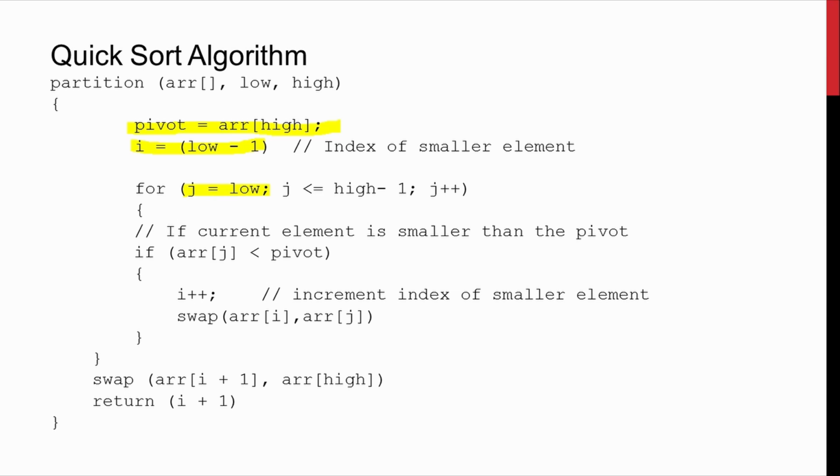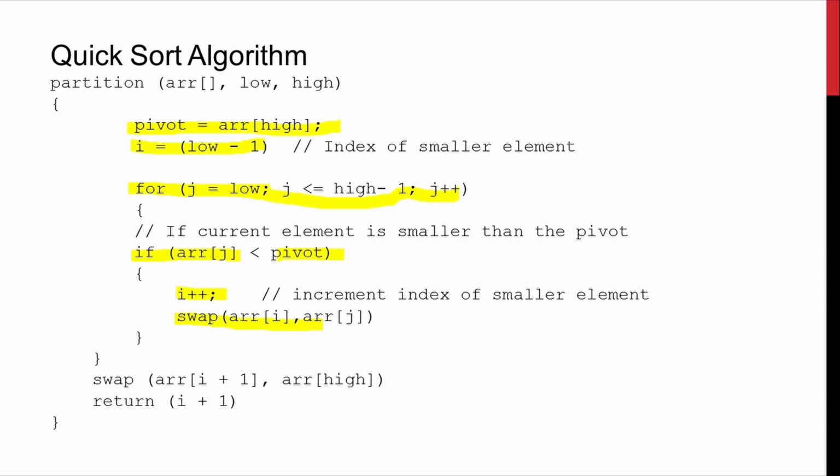And then for loop in step 3, traverse all the elements from low to high except the pivot. Steps 4 and 5 come under step 3 in the for loop. If the current element at the jth location is smaller than the pivot, then increment i and swap the ith with the jth element.